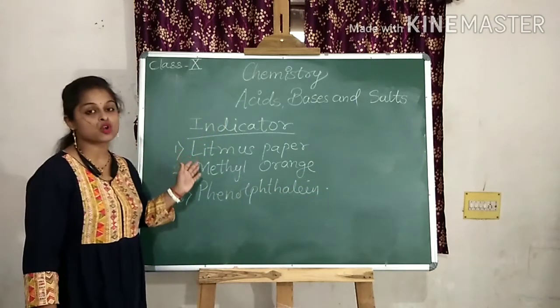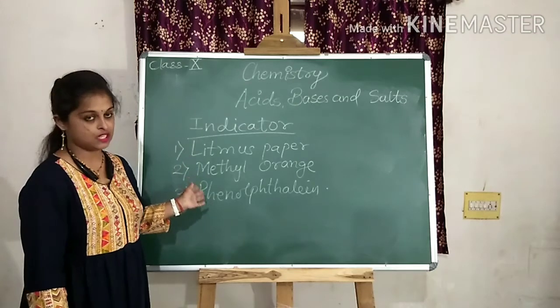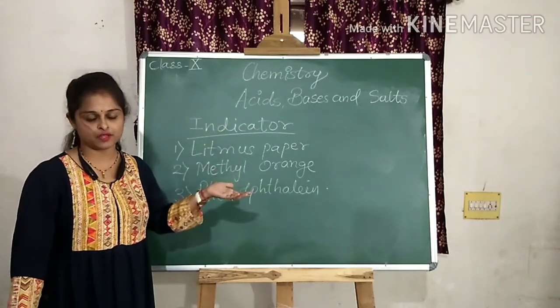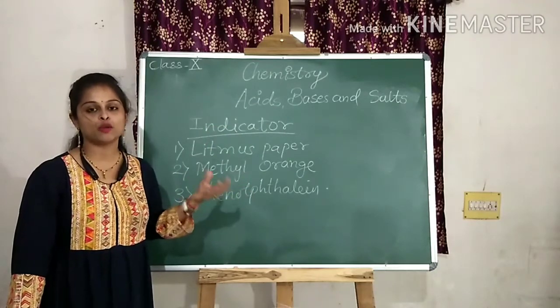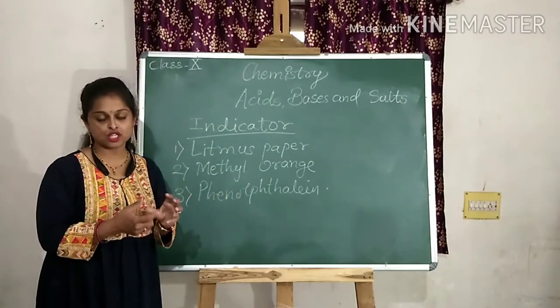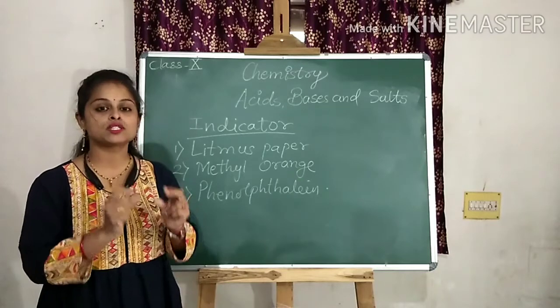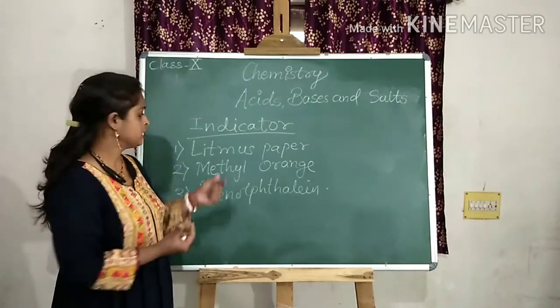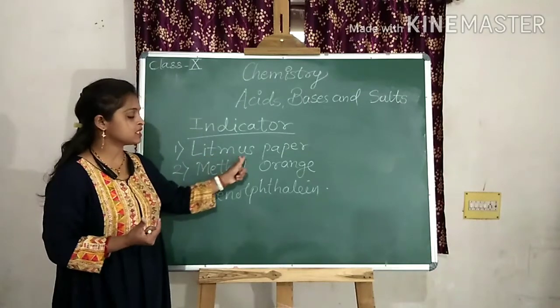These are the most commonly used indicators. An indicator is a dye which changes color when it comes in contact with acids or bases, showing whether a particular substance is acidic or basic. Let us see the litmus paper.